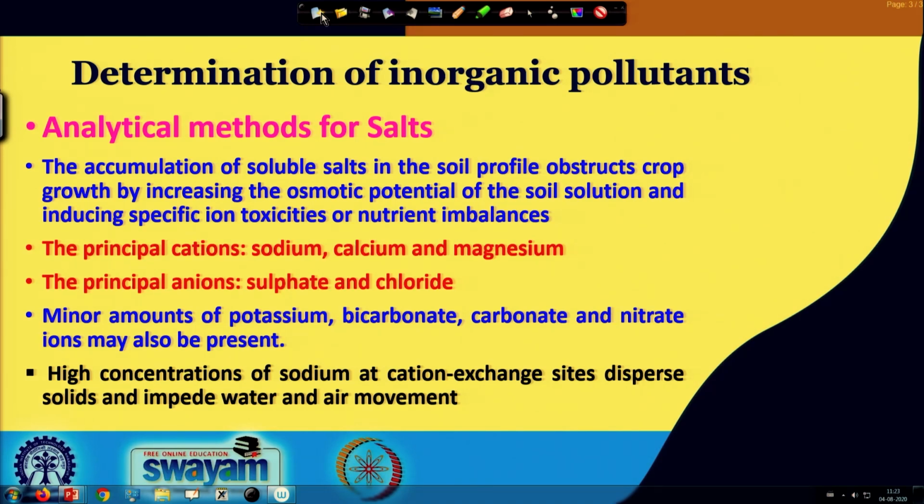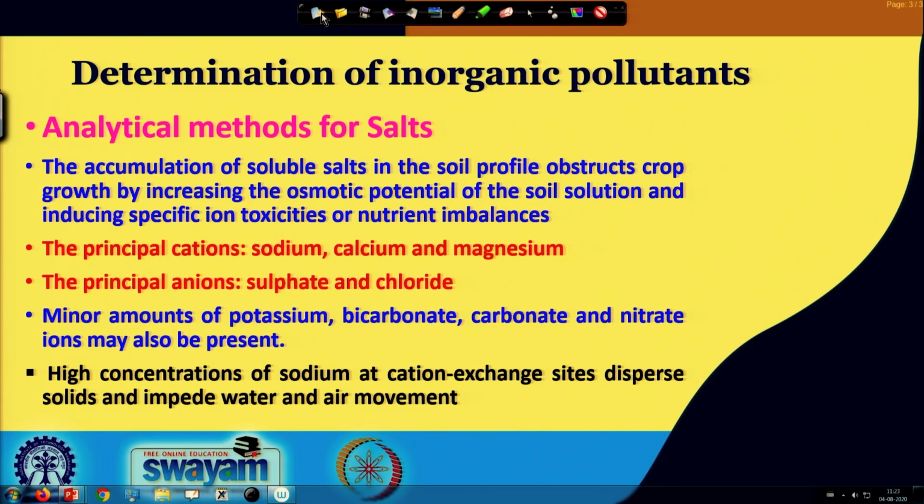Now you know that accumulation of soluble salts in the soil profile obstructs crop growth by increasing the osmotic potential of the soil solution and inducing specific ion toxicities and nutrient imbalance. So soils which show high salinity are not suitable for plant growth.